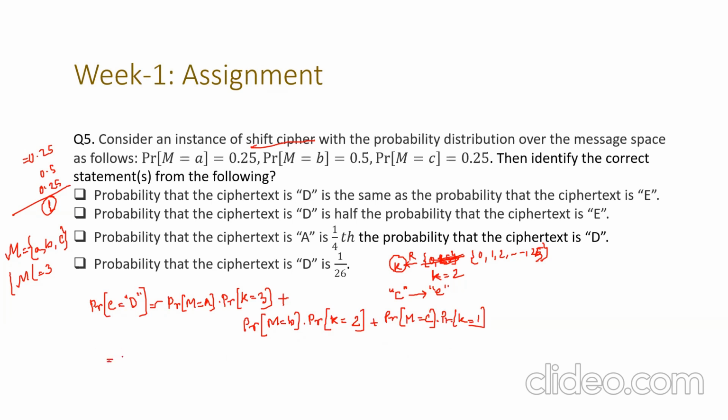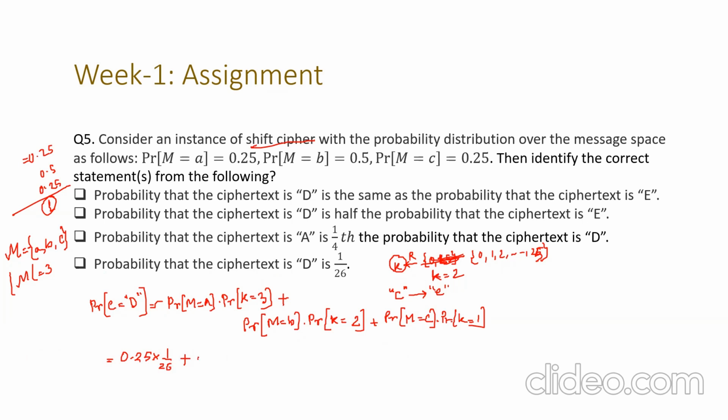And now the probability of the message being A is already given as 0.25. And what is the probability of the key being 3? Because the key is selected uniformly at random from the space 0 to 25, there are a total of 26 elements in the key space, so each key can be selected with probability exactly 1 by 26.